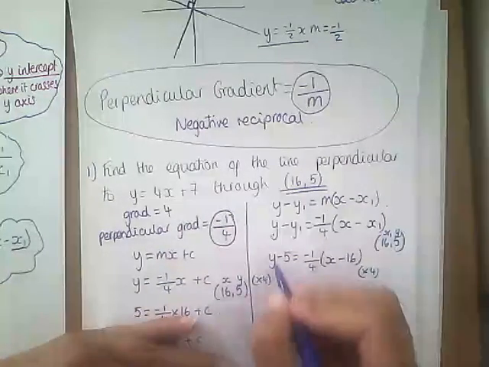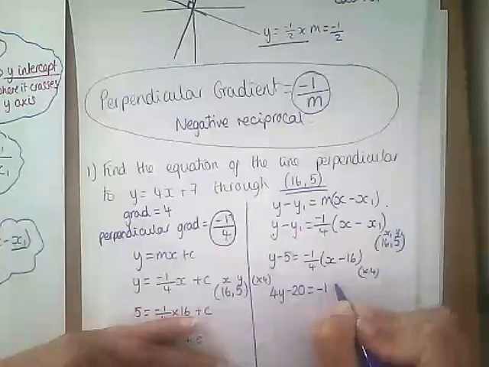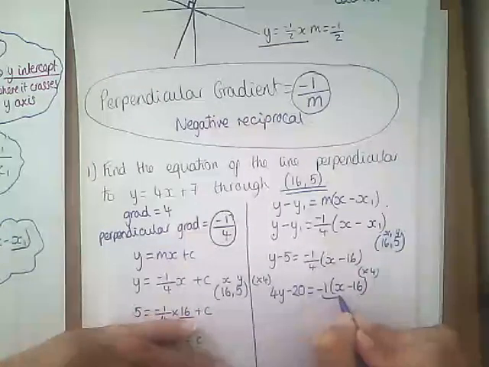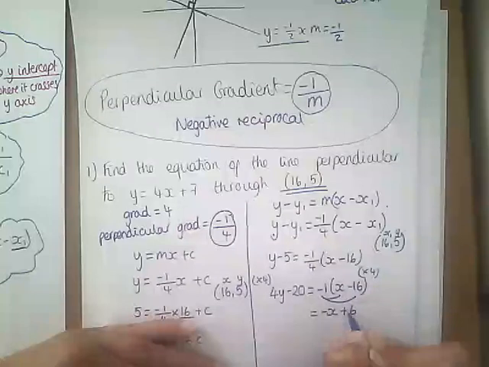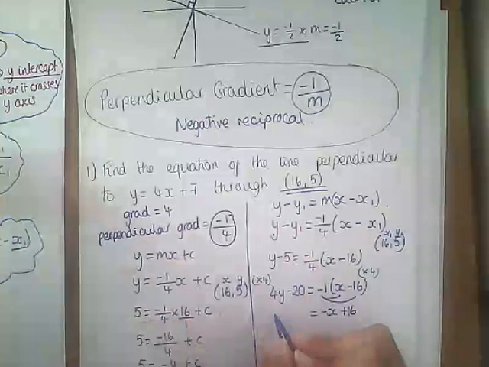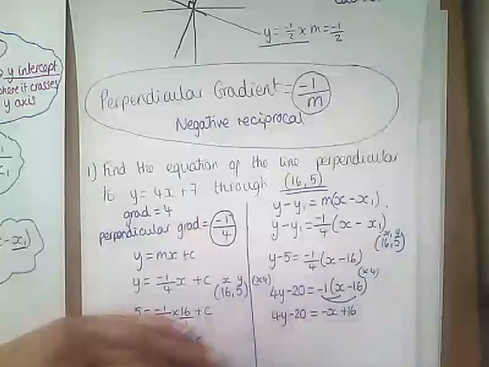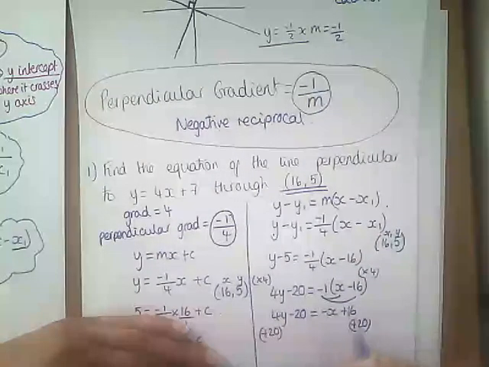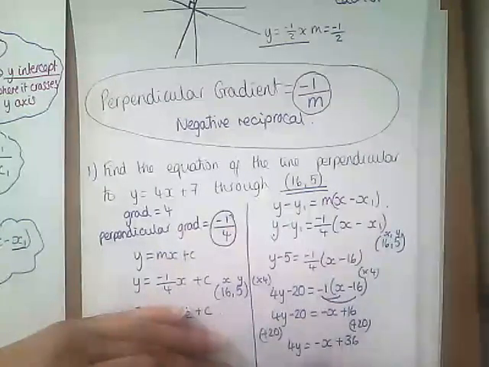So we get 4y minus 20 equals, we're just left with minus 1 times x minus 16. Expand the bracket. Minus 1 times minus 16 is plus 16. So we get 4y minus 20 equals minus x plus 16. And then we can just add the 20. So we get 4y equals minus x plus 36.